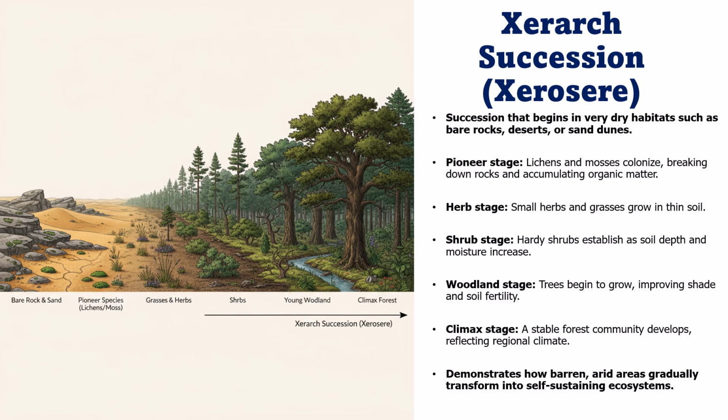As thin soil forms, small herbs and grasses establish, followed by hardy shrubs that improve soil depth and moisture. Woodland species like trees appear next, providing shade and enriching fertility. Eventually, a stable community, often a forest adapted to the regional climate, emerges. Xerarch succession illustrates how barren landscapes evolve into complex, self-sustaining ecosystems.